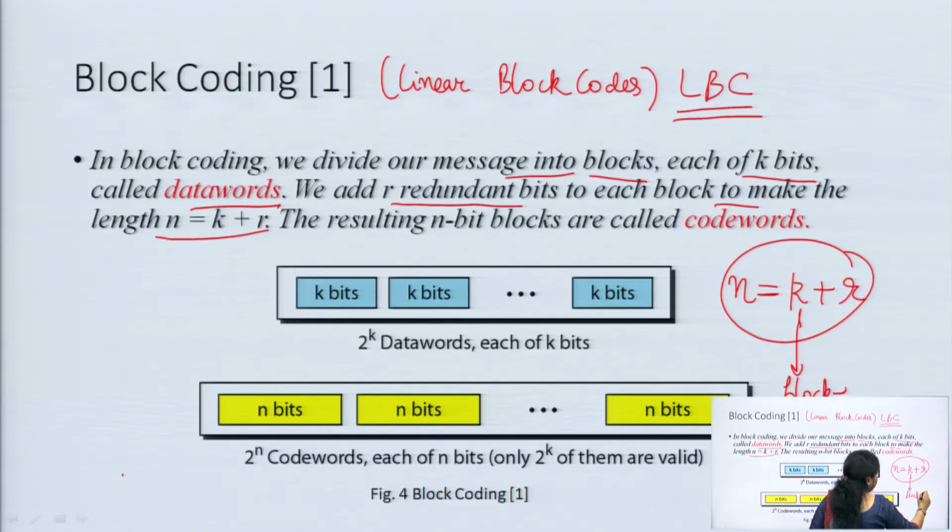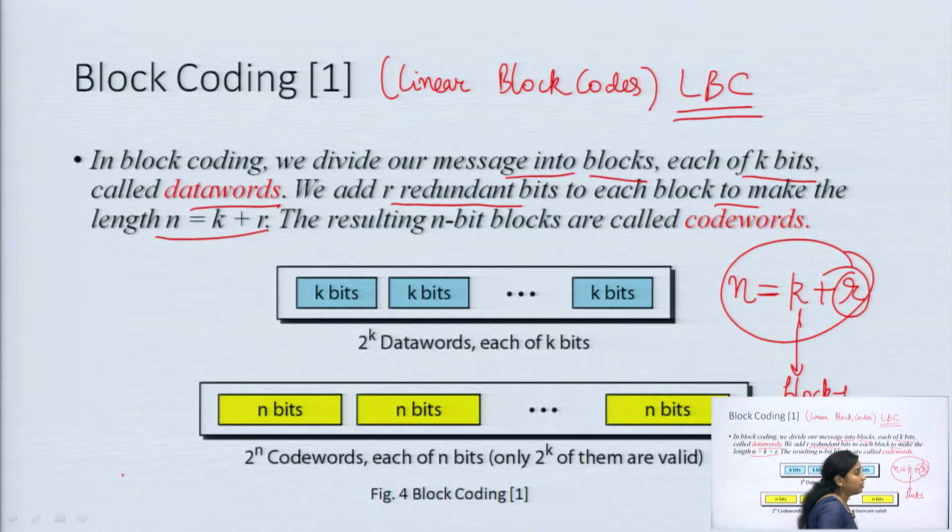Let us say in one block k bits are there, in the next block another k bits are there. So, this is how the original message will be divided into a number of bits, and then it will be added with the redundancy bits.